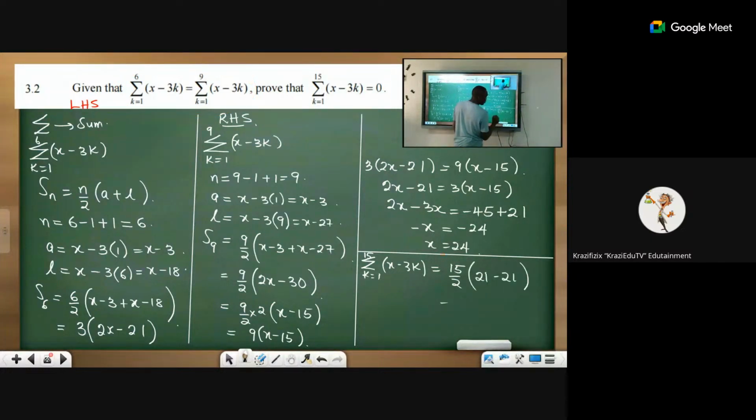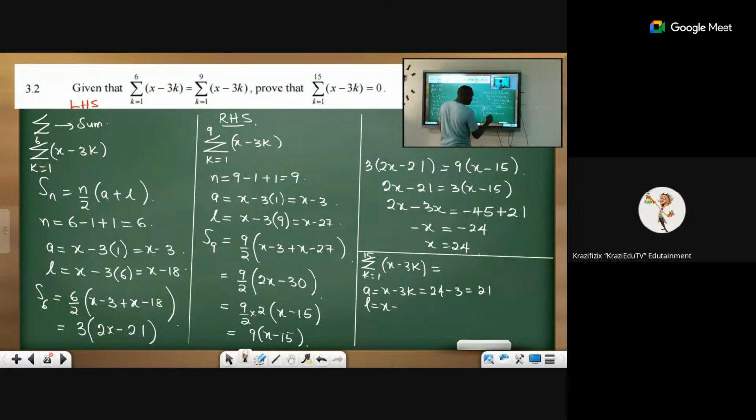But you need to show us how you got the 21 and negative 21. You're done. Remember, that's your A. Okay, let me redo everything here. What is our A? X minus 3k. But our X is 24 minus 3, which is 21. What's the last one?